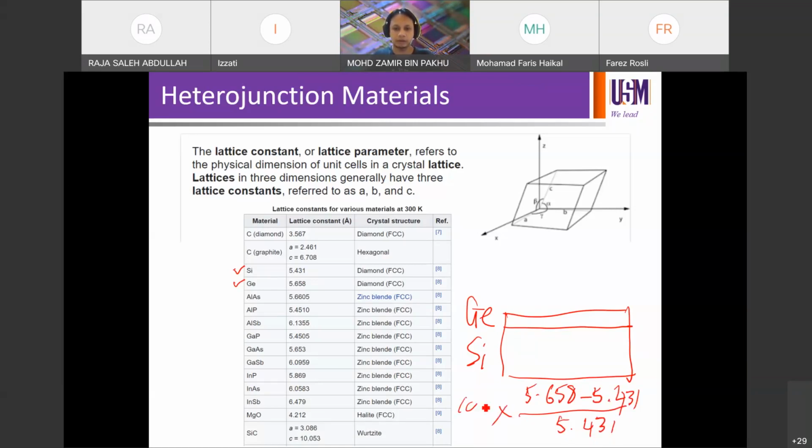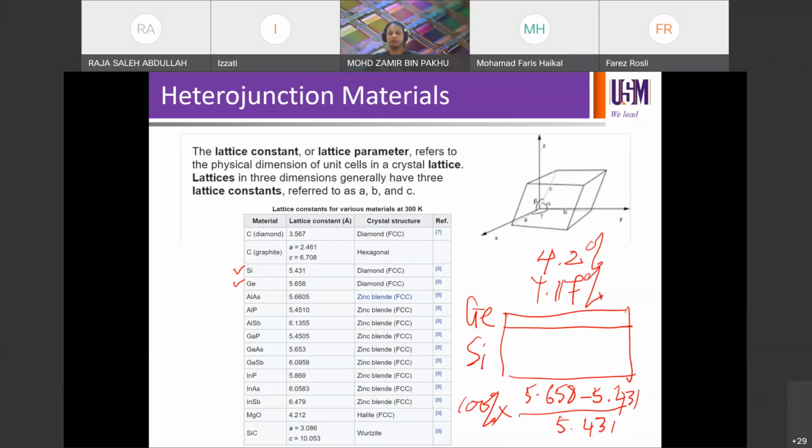Then you should get 4.17 if the accurate decimal places, or about 4.2. Some even say 4%, right? So, okay, everyone got the same answer, right? Same answer, everyone. Just simple math. There's no rocket science, no tricks, no nothing. Just a simple calculation. If you got the wrong answer, then you pressed the calculator wrongly.